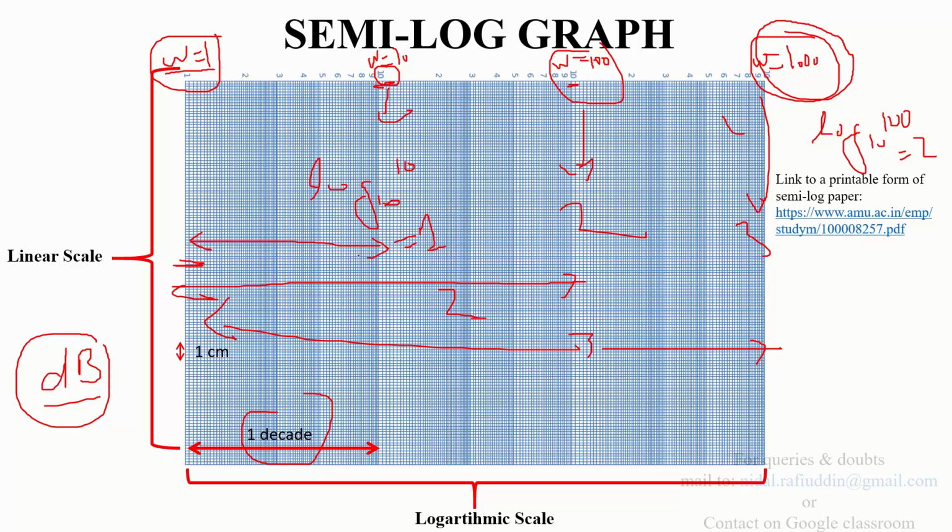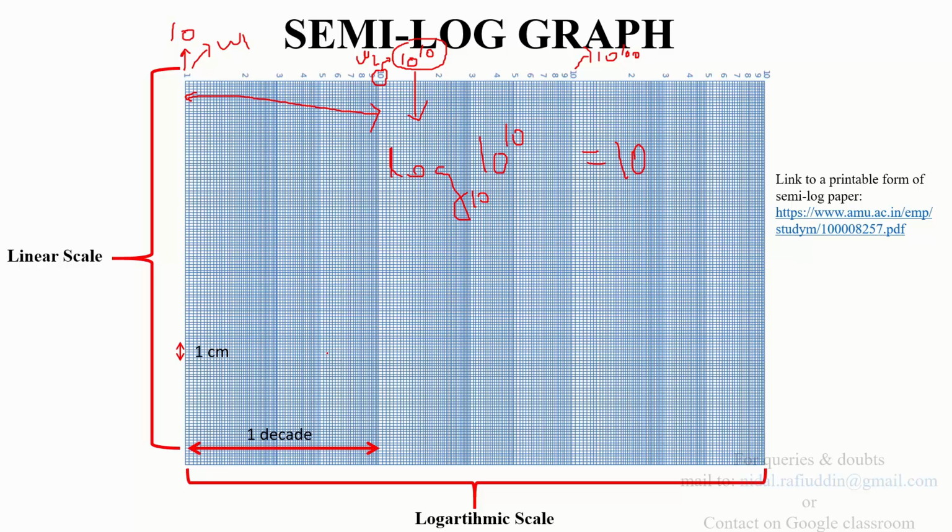The main point is that on the x-axis you have omega represented linear, 1, 10, 100, 1000, but the scale is logarithmic. While on the y-axis you have a linear scale, but the representation is in dB, which is logarithmic. In fact, 20 log to the base 10. So you'll have to think over it to understand the difference, and if you feel any problem, you can ask me.